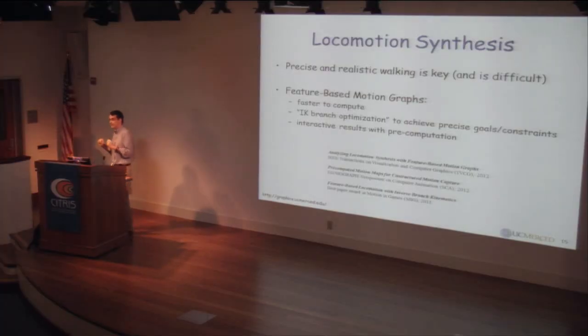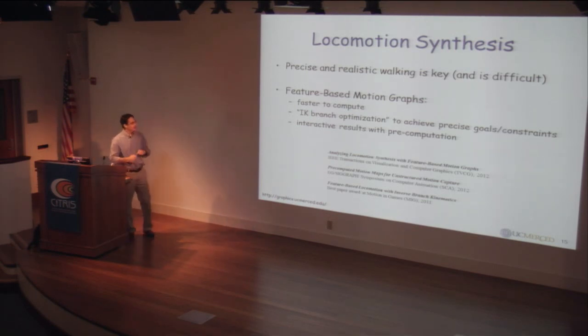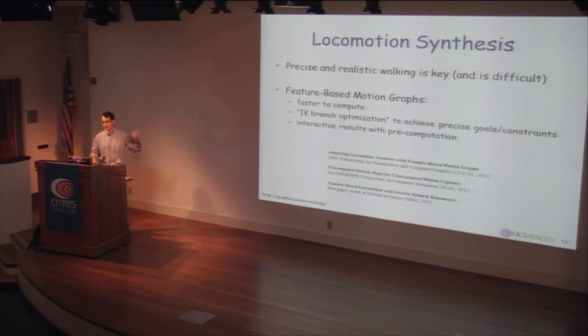By doing that, we are also able to compute graphs much faster, and we can do some optimization of solutions with some inverse kinematics kind of optimization to adjust the concatenated solution towards precise targets, which is something important for us. And we can also achieve solutions at interactive rates by using some precomputation.